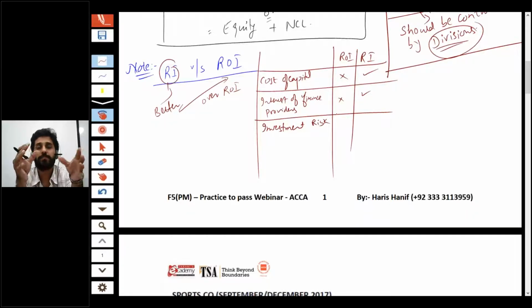If I arrange money from ordinary shareholders, the bank, and preference shareholders, all have different kinds of risk. ROI does not consider this; RI does.